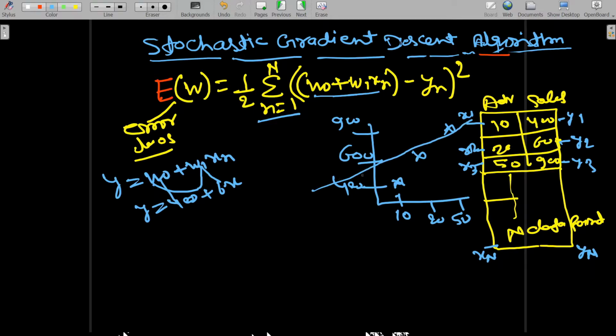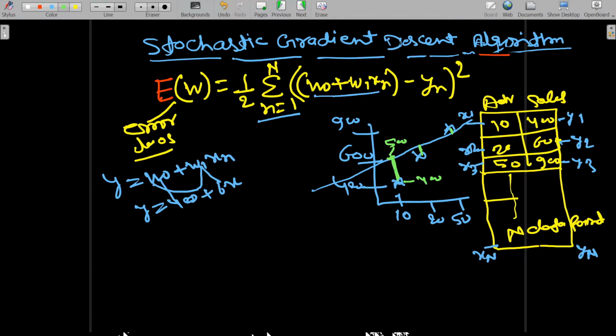This is the linear regression model we have built up, and this is the line which will predict our future sales. Now if you see here, when we put 10, actually it is 400, but the predicted model says you will get, let's suppose, 500. So there is an error between these two. Here also you can see some errors, and here also.